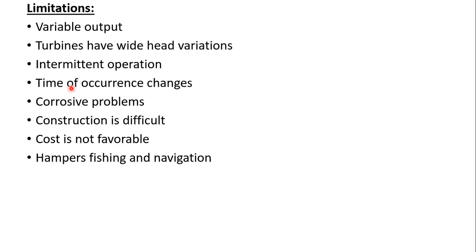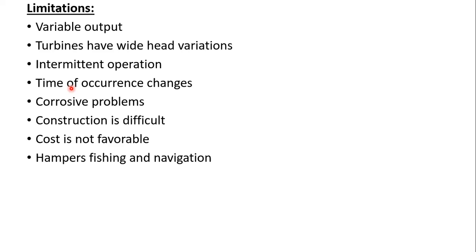These runners were the only alternatives, and this is found to be unsuitable. In the present days, with the development of reversible flow bulb turbines, this difficulty can be overcome.